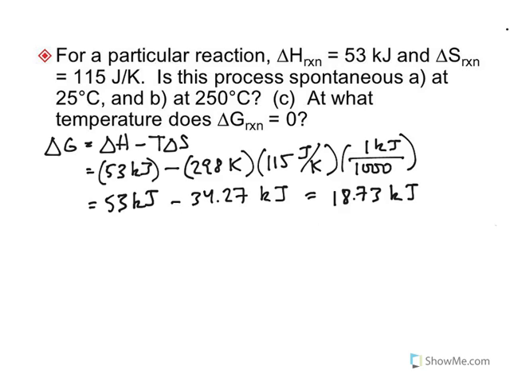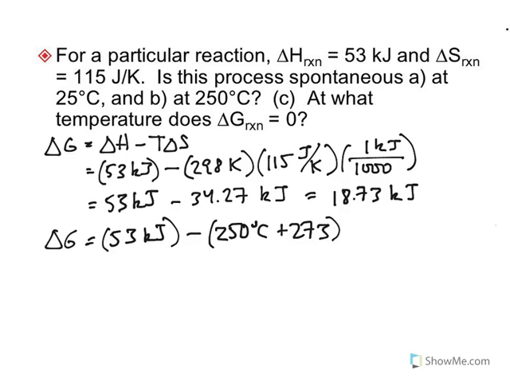So to figure out if this reaction is spontaneous at a higher temperature, 250 degrees Celsius, we just plug in some of the numbers again. So 250 degrees Celsius plus 273. Change that number to Kelvin.